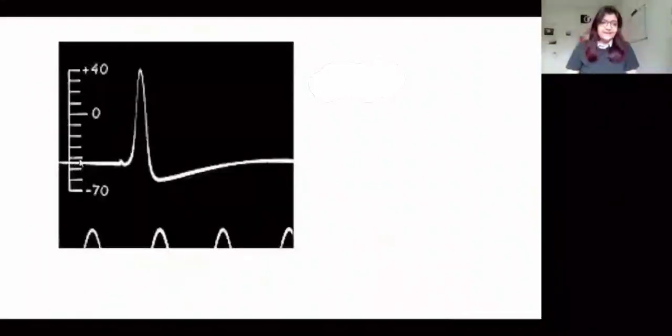If you see this example, at plus 40 millivolts there is a spike, and suddenly it goes down to nearly minus 70 and then kind of exponentially decays. After that, the membrane potential resets or goes to some refractory period.